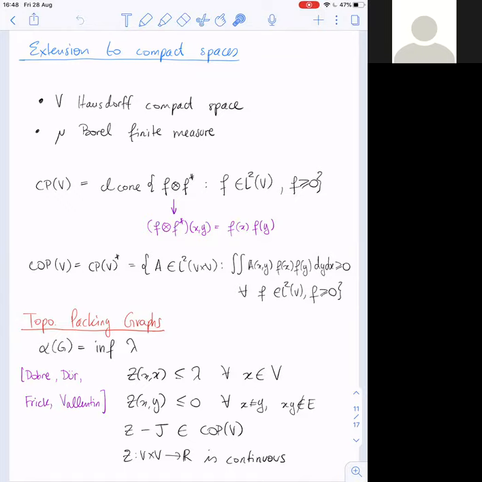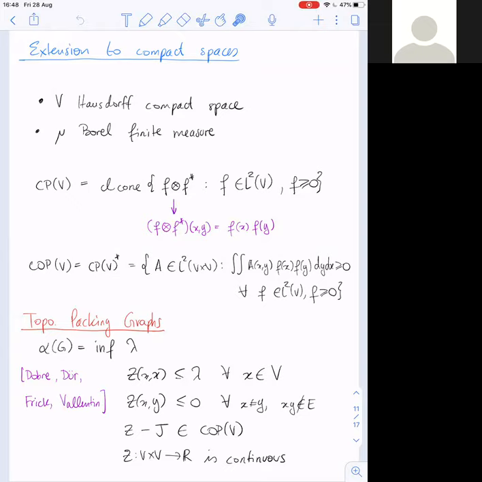And then you can come up with a cone of completely positive kernels or operators on this space, which is just the cone generated by all the kernels which are of the form f tensor f star, where f is a non-negative L2 function. So this is just a kernel that at x and y is equal to f(x) f(y). This is the same as the outer product of two vectors. And then you take a closure, right? This is maybe not closed, so you take a closure in the L2 norm, say.